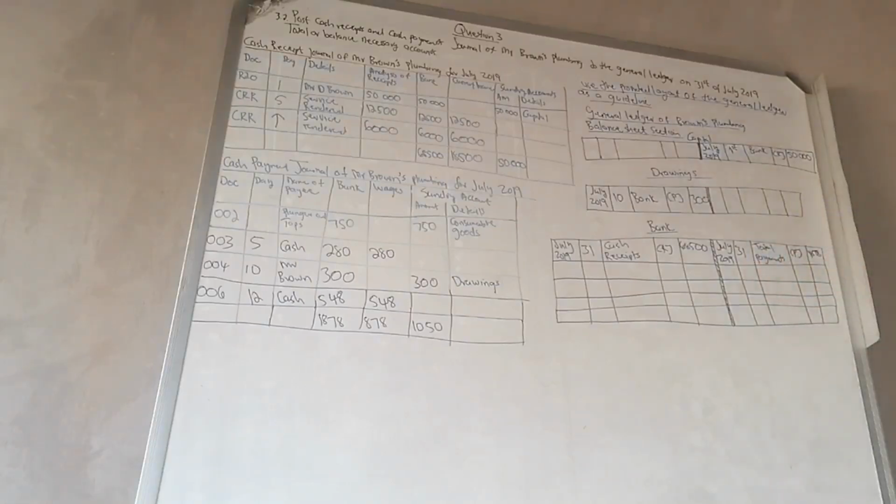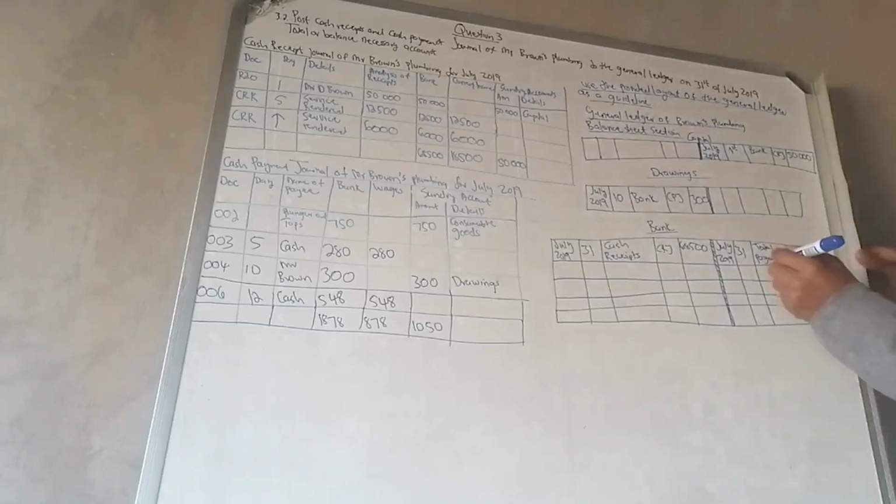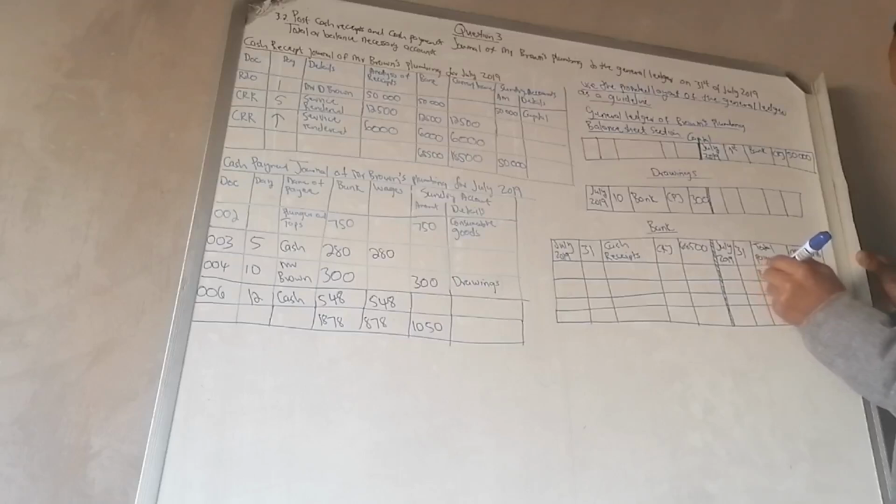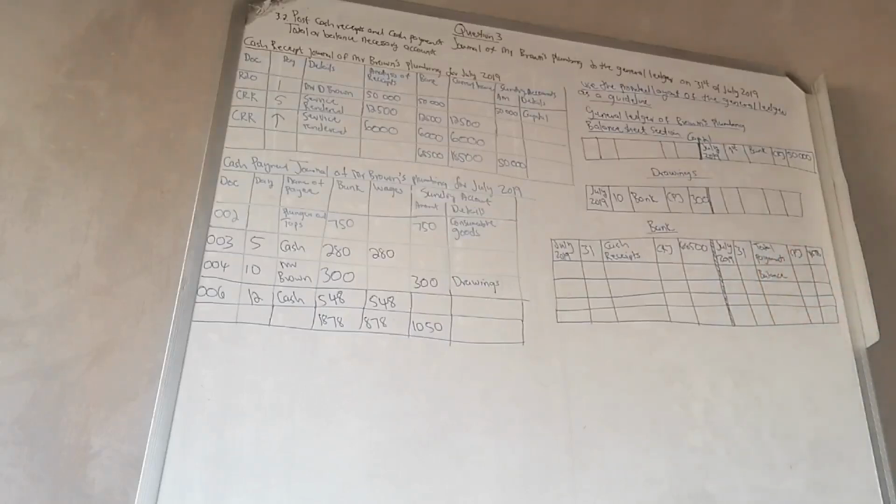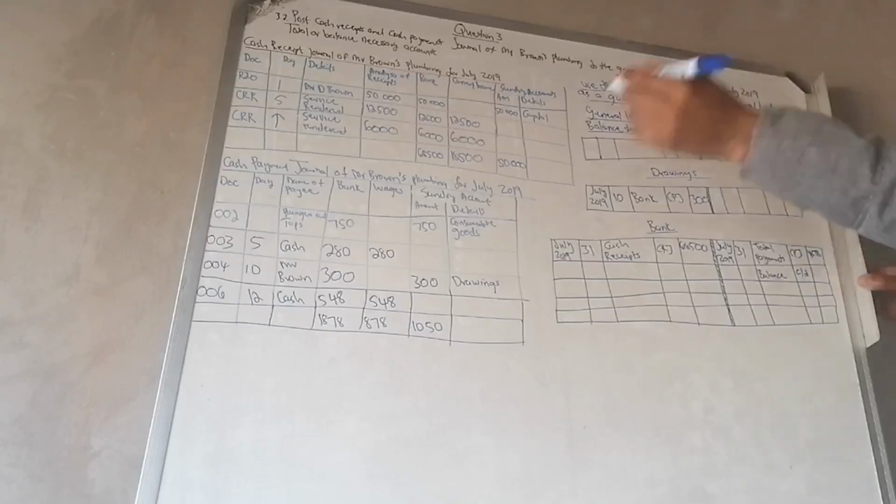Under total payments here, and about the balance. The only way to find the balance is that under this CPJ we will write C/D, and then when we are done we will check by how much this amount of 1878 falls short so that it balances on the left.